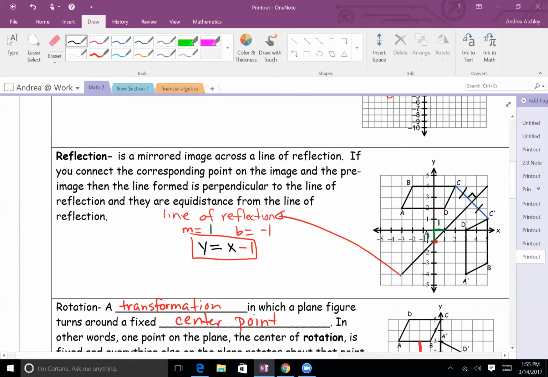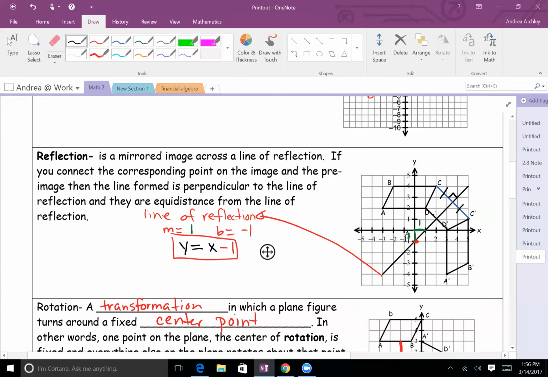They're equal distance. So C and C prime are equal distance from the line of reflection. And that's true with all of the points. So if I connected D to D prime, that would also be perpendicular. That's a bad perpendicular. Perpendicular and congruent. Any questions over that?